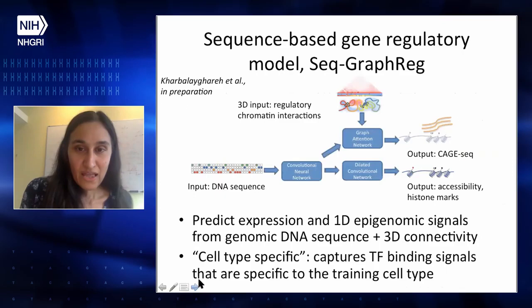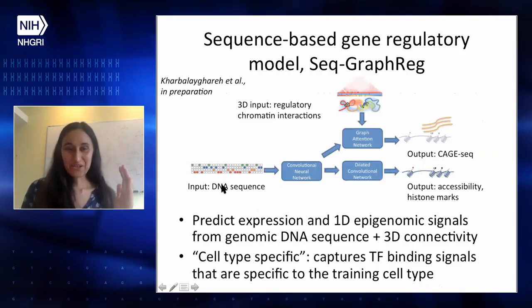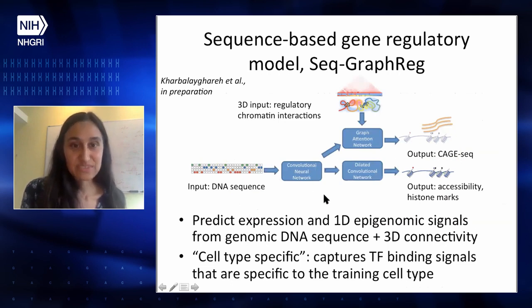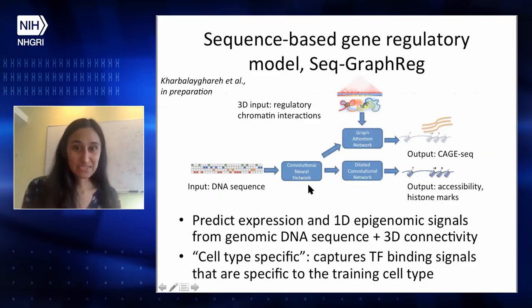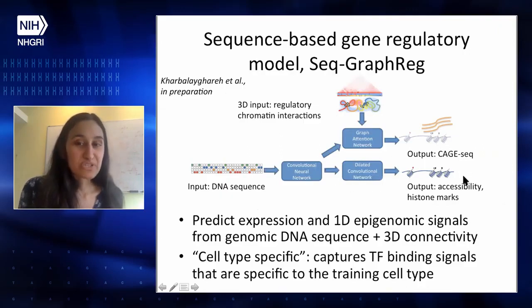The other model, the sequence-based model, we start with 6 megabases of DNA sequence, one-hot encoded. We pass through a few CNN layers again to learn local features, so now sequence motifs. Then we pass through dilated convolutional neural network layers in the bottom path to predict accessibility and histone marks.